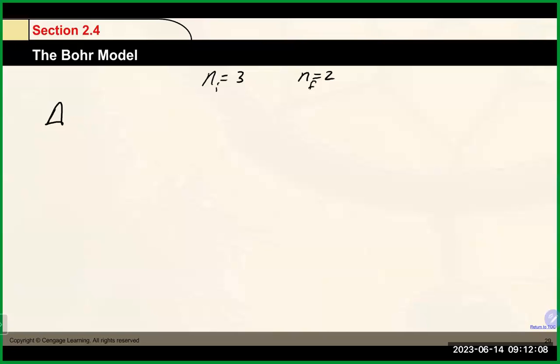Our change in energy is going to be minus 2.18 times 10 to the minus 18 joules, 1 over our final, which would be 4, minus 1 over our initial, 3 squared is 9 in this case. And that's going to give us 1 divided by 4 minus 1 divided by 9 times 2.18 to the minus 18.